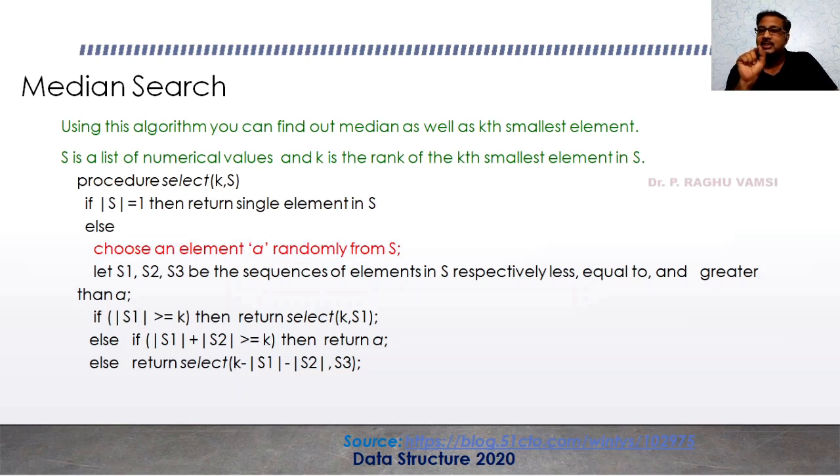Here, it is asked as the fourth smallest element or sixth smallest element, not the exact element. Here, it is the ranking of the element, whether it is second smallest, third smallest, fourth smallest or sixth smallest in the given list of elements. That is the difference between linear, binary, and jump search and median search.